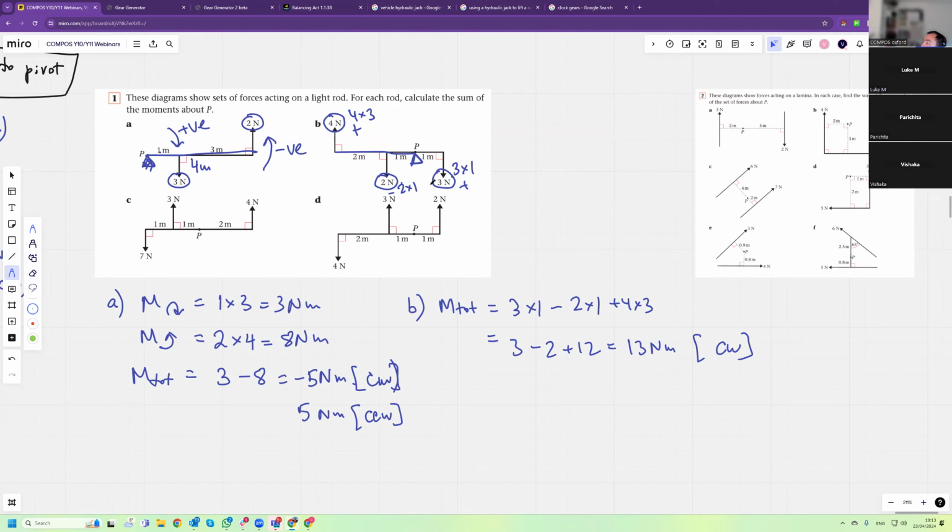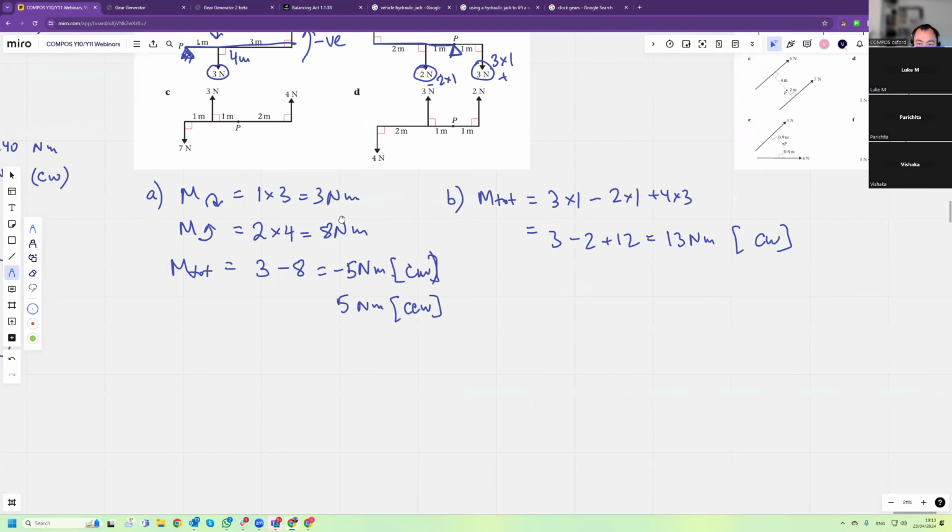They push in different directions. So the 3 Newton and the 4 Newton push in the same direction, clockwise, and the 2 Newton force pushes in the opposite direction, right? So imagine you had a clock and you're trying to rotate it.